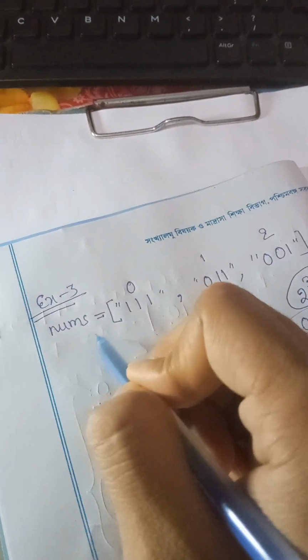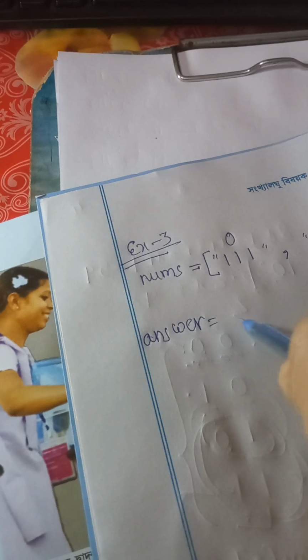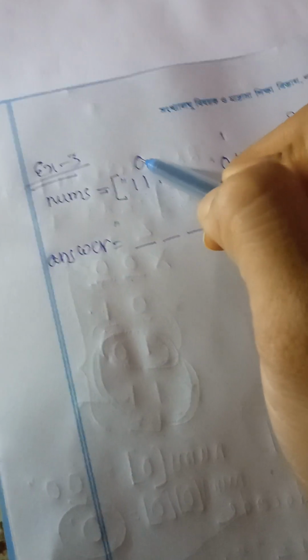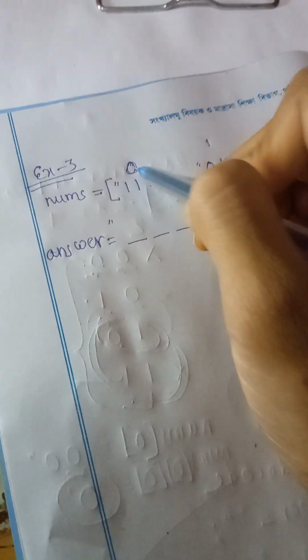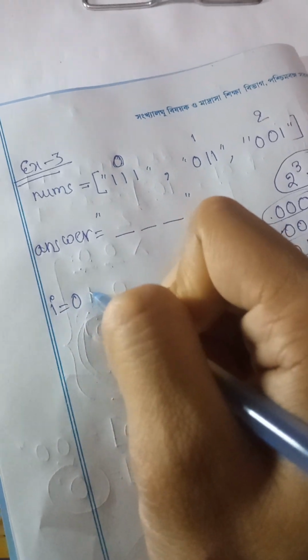So I will go first to index 0. I'm writing my answer here. There are three places, and this is the string at zero index. So when I equal to 0, this is the first iteration.